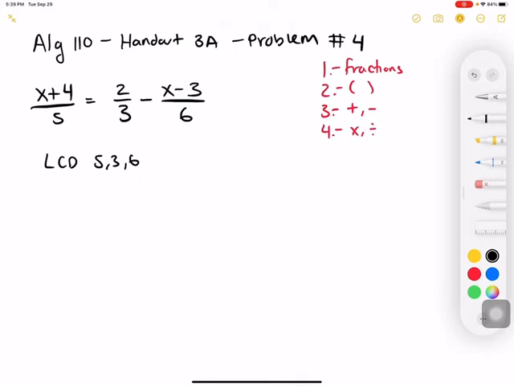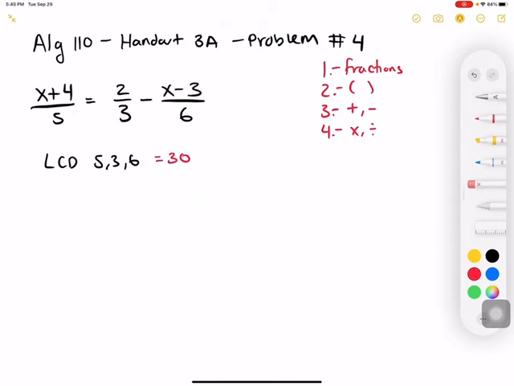In other words, what is the number that will go inside the little division house? We're going to find out that this number is 30. So 30 is the smallest number that can be divided by 5, 3, and 6. That is my least common denominator, a number that I need right now.